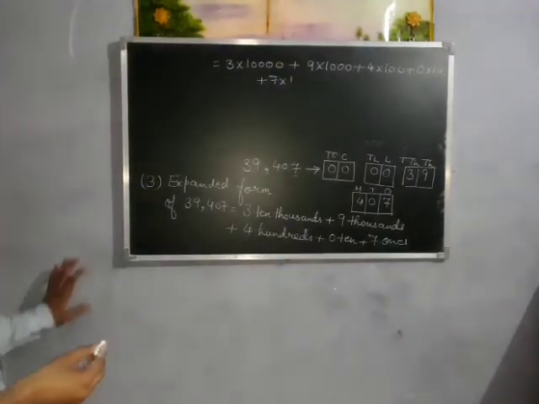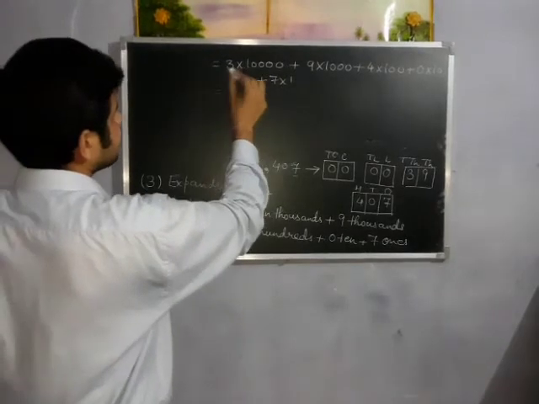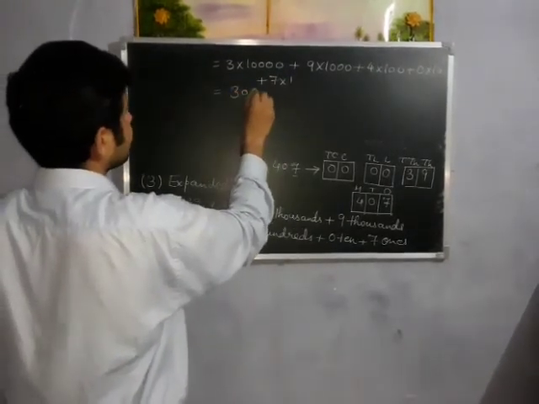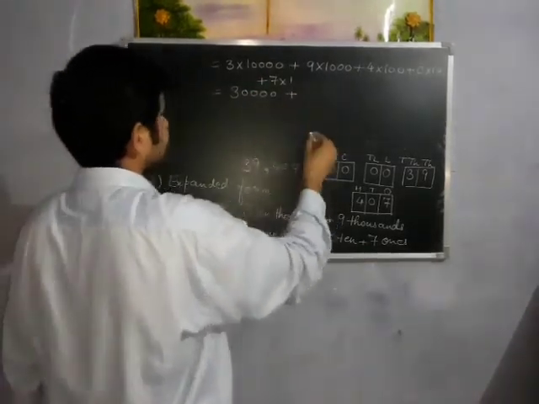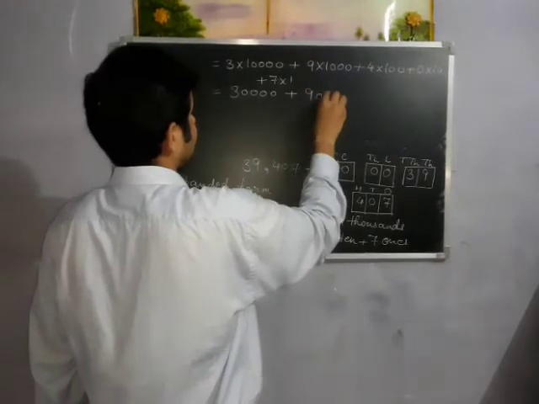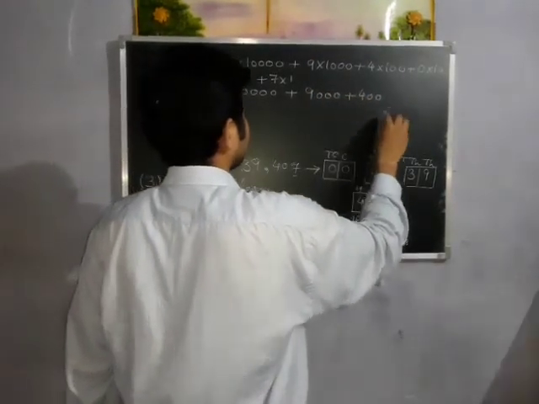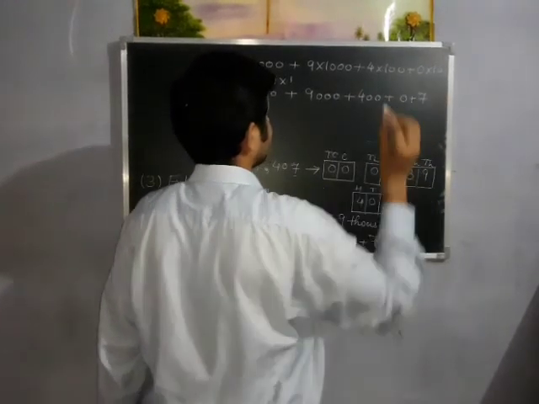Okay students, in the last step when we multiply 3 by 10,000 it will become 30,000 plus 9,000 plus 400 plus 0 plus 7.